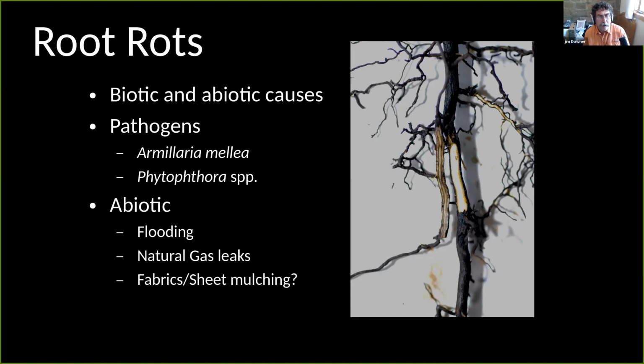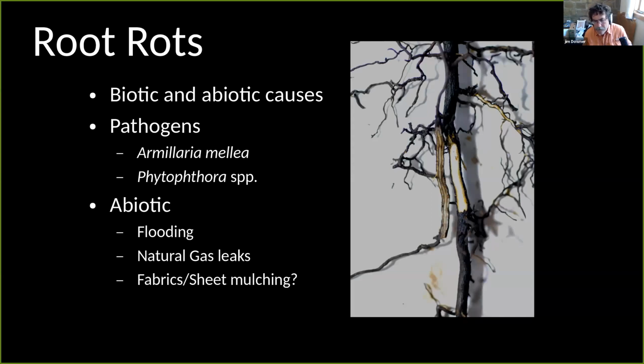So the other way that we could have root rot is through abiotic means, by flooding, or natural gas leaks in the soil that push all the oxygen out. And I've put fabric sheet mulching. My colleague Linda Chalker-Scott is on a tear trying to renounce sheet mulching for having no merit scientifically and actually being harmful because it impedes gas flow to roots under the sheet mulch.